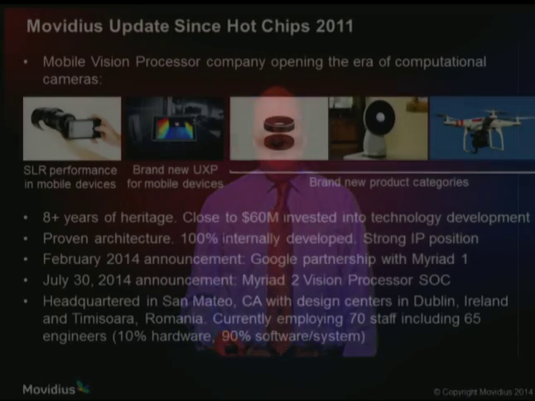Project Tango is a new device class for mobile devices aimed at providing computer vision and visual awareness for mobile platforms. Based on our experience over several years working on computer vision projects, we've put that into this product that we're presenting today, Myriad 2.